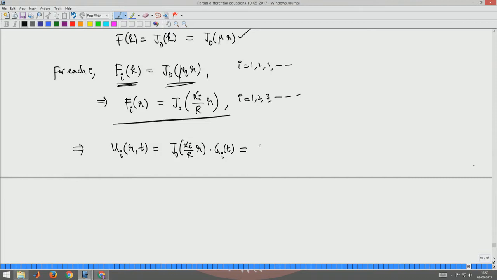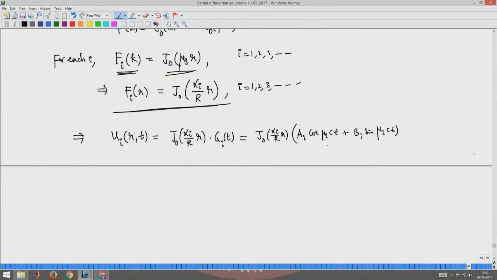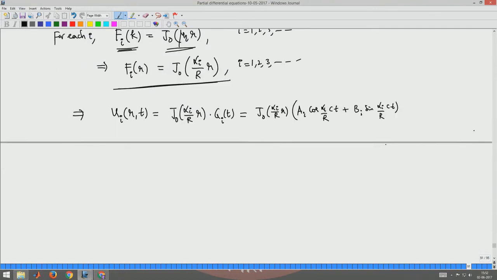So, g I of t is a I cos mu I c t plus b I sin mu I c t. Actually mu I is alpha I by R, so you can replace this if you want. So, this is true for every I equal to 1, 2, 3 onward.